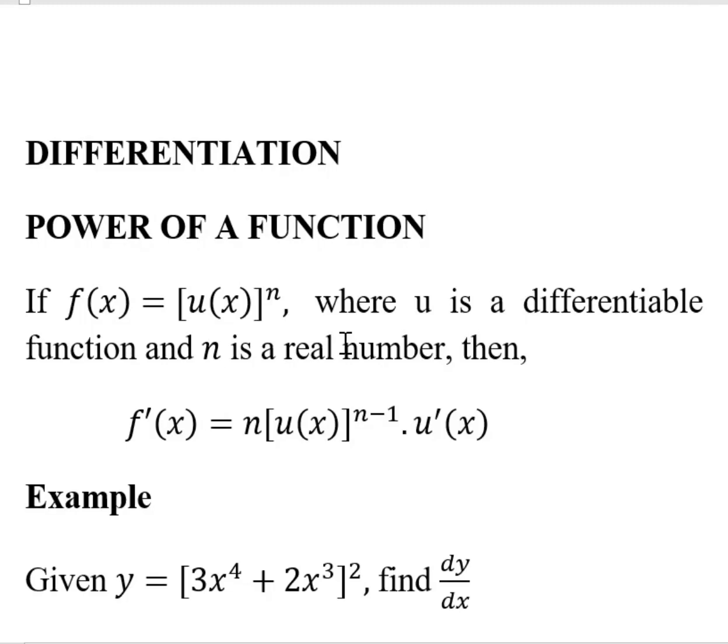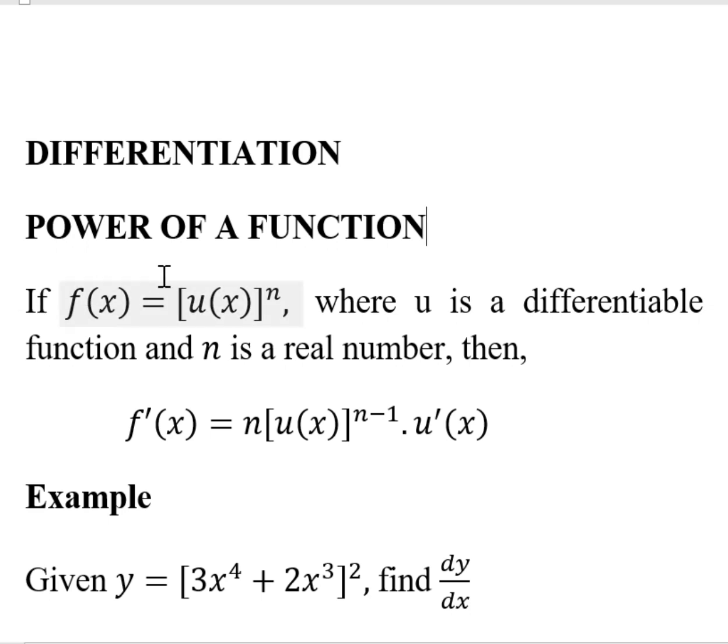There are situations when we are given a function, the whole of which is raised to a given power, and we are required to differentiate it. Then, in that case, the power of a function rule is used to differentiate the same.